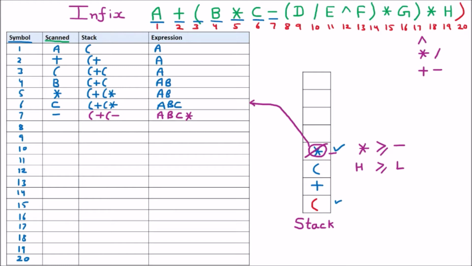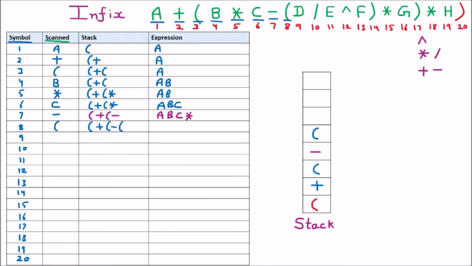Now we are going to scan the next symbol. The stack entries are starting bracket, plus, starting bracket and minus. And the next symbol, which is 8, is again a bracket. Whenever a bracket comes, we have to put it onto the stack. So the starting bracket will be put onto the stack. Now the stack entries are bracket plus bracket minus bracket.